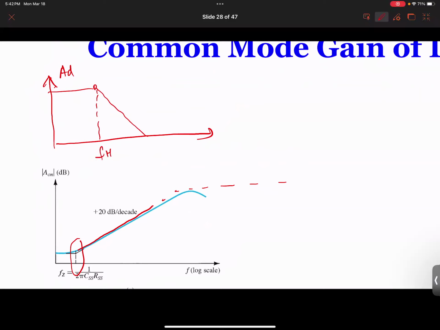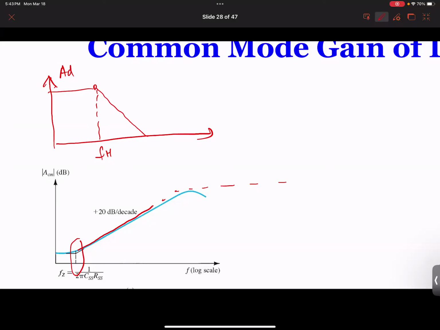So if your FZ and FH don't, ideally, what do you think for FZ and FH for these two circuits? Ideally, these numbers should overlap, because that means your middle band common mode gain is constant and small, and your middle band differential gain is the largest. So that would be nice.